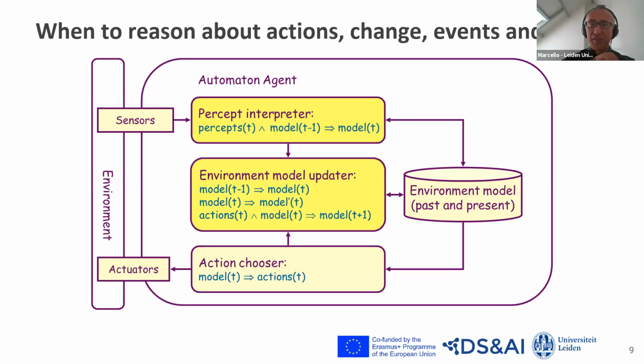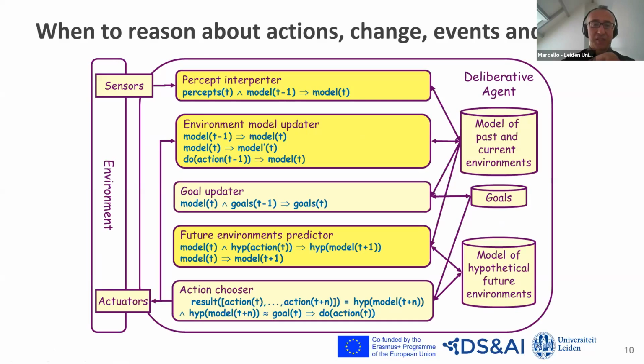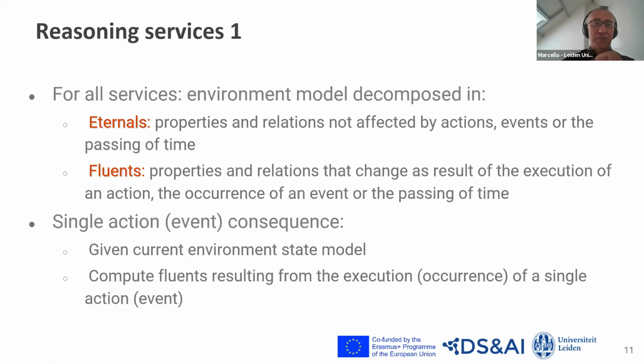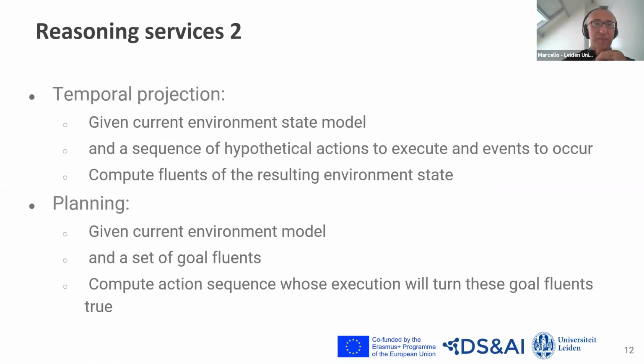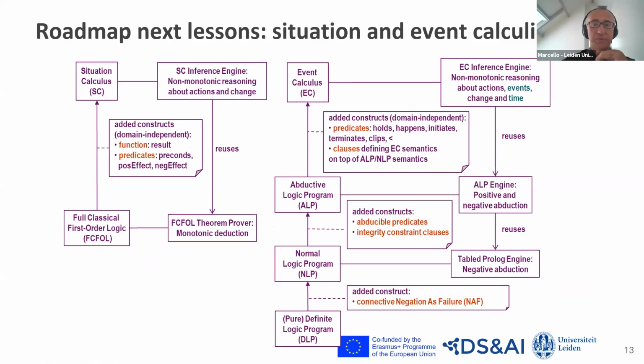So this is about reasoning, and things get more complicated if you have an asynchronous system. Then you start talking about action, what they call fluents, the relations that change, and the things which do not change, the eternals. So you have all the things about the event calculus and the situation calculus, how things are related.